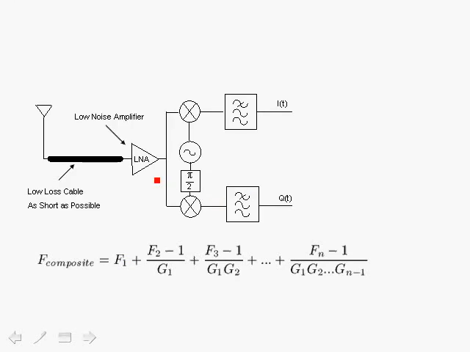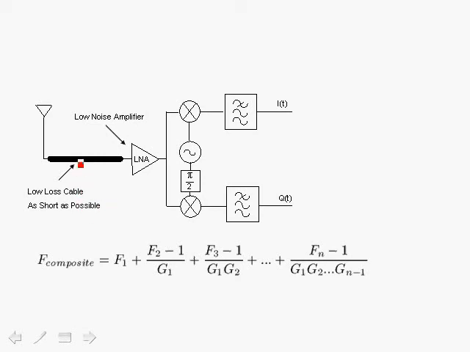Here we show the RF front end for a direct conversion receiver, or zero-IF or homodyne receiver. You have the antenna connected to the low noise amplifier, which we will discuss, through hopefully a low loss cable, which is as short as possible.